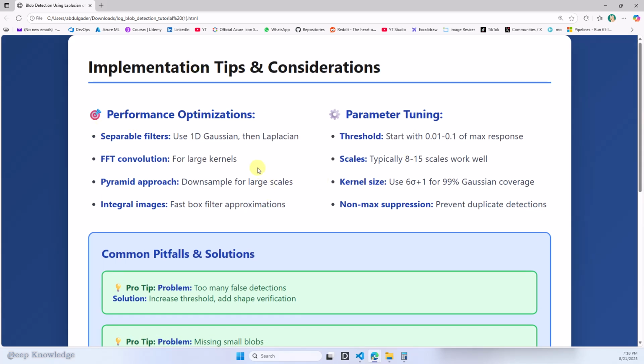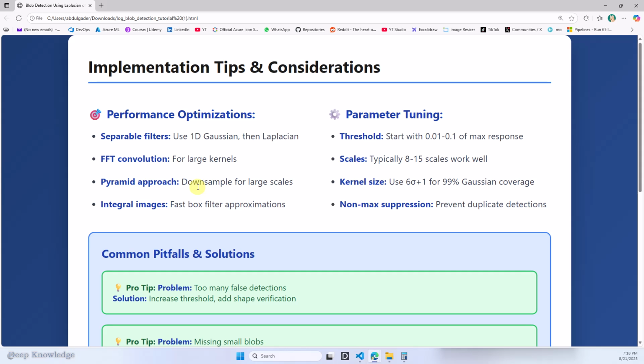Before we wrap up, let me share some insider secrets. If you want lightning fast performance, use separable filters. If you want to reduce false alarms, or false positives, for example when applying edge detection, it means you detect some edges that are not actually edges.